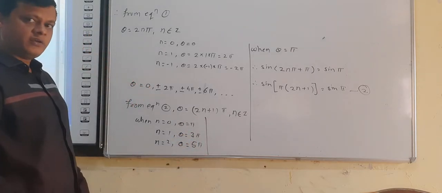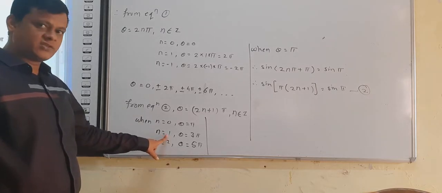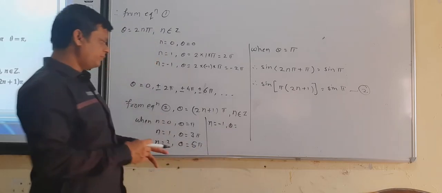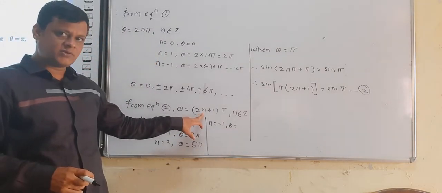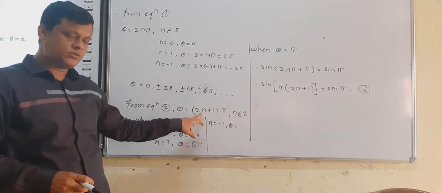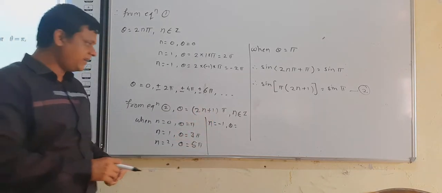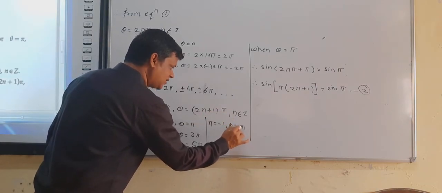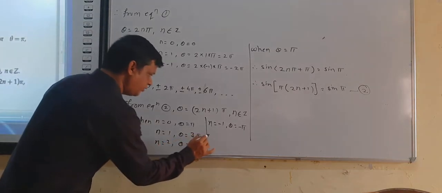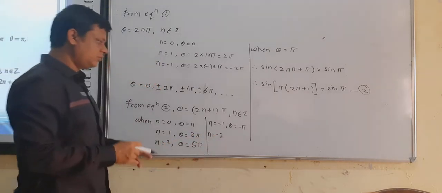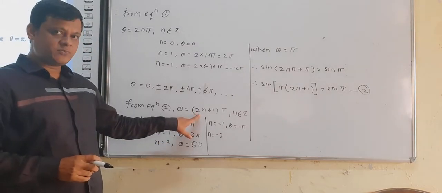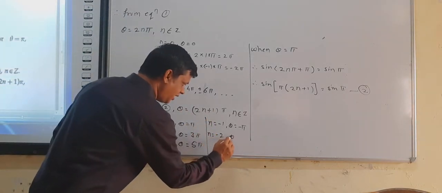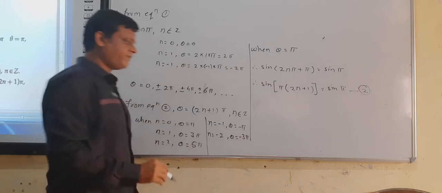In the same way, when we replace n equals minus 1, 2 into minus 1 is minus 2, minus 2 plus 1 is minus 1, so we get minus 1 into pi, that is minus pi. When we substitute n equals minus 2, 2 into minus 2 is minus 4, minus 4 plus 1 is minus 3, so we get theta equals minus 3 pi.